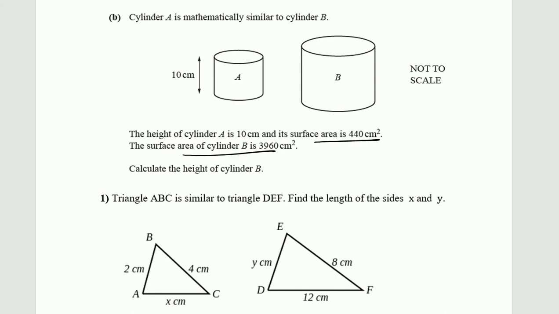Surface area of A is 440, surface area of B is 3,960. So if I divide those two, I'm going to get an area scale factor. The area scale factor is 3,960 divided by 440, and we can work that out in the calculator. That's giving me an area scale factor of 9.